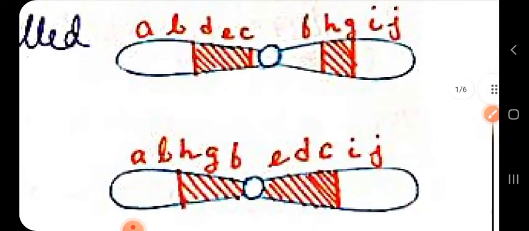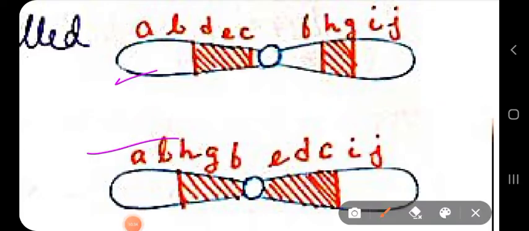And in both cases, when the cells are going to be divided, when the chromosomes are going to be distributed to the daughter cells, a characteristic cytological observation will be detected during your paracentric inversion as well as in your pericentric inversion.